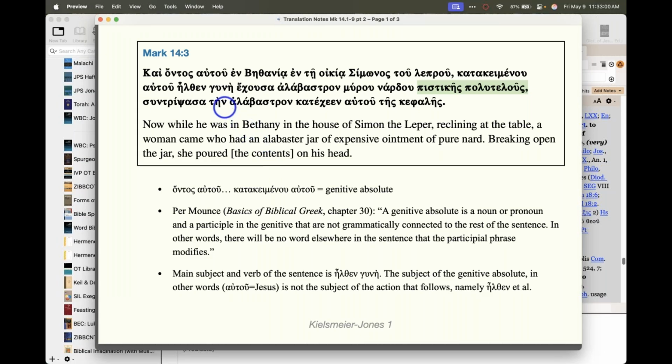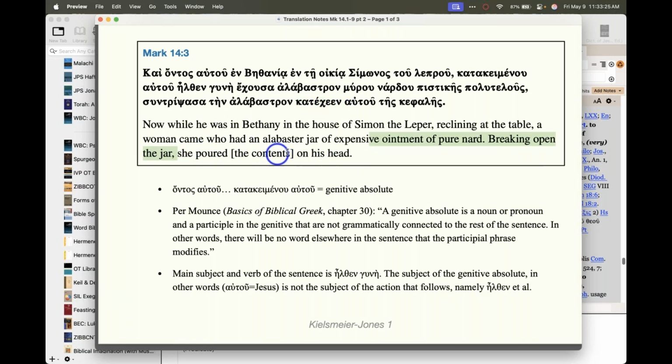So breaking open the jar, ten alabastron, you could say breaking open the alabaster jar again if you wanted to. She poured it on his head, or she poured the contents on his head. She's not really pouring the jar per se on his head. So even though it's not saying she poured the perfume or the ointment on his head, think about how you bring that out.